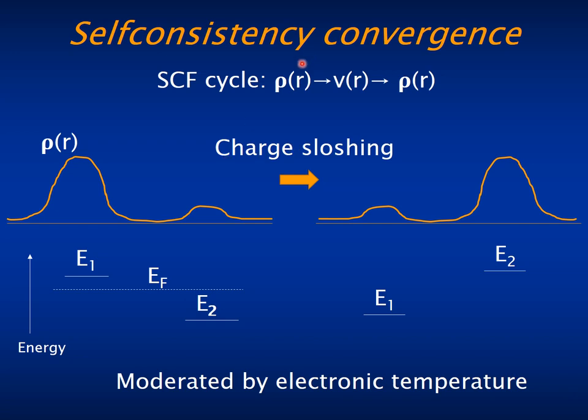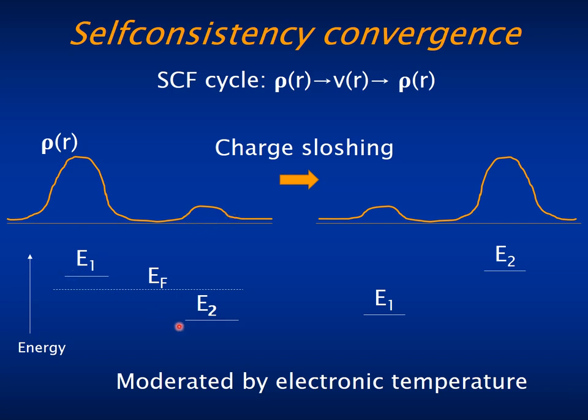The main reason for the divergence of the self-consistency cycle is the phenomenon of charge sloshing. If you have, let's say, a system composed of two subsystems, and most of the charge is in system 1, so that the density here is large and the density here is small, then because of Coulomb repulsion, the energy of the states in this system will be larger than those in this system.